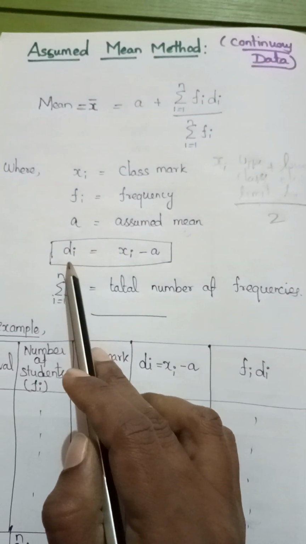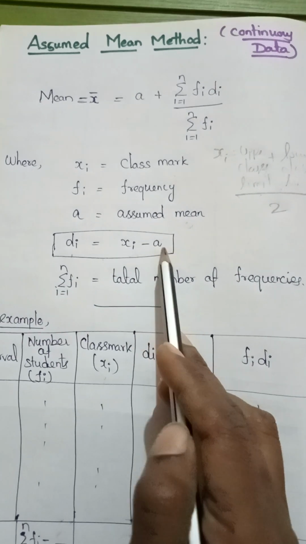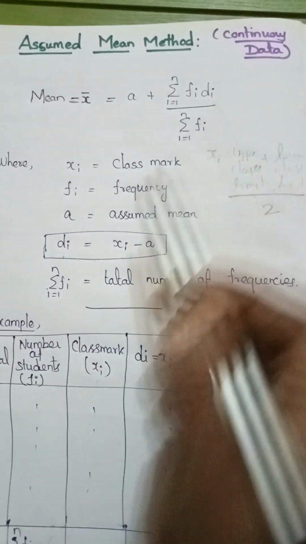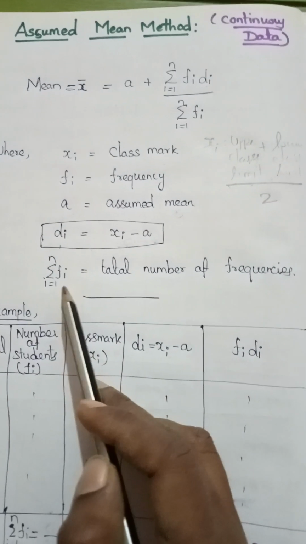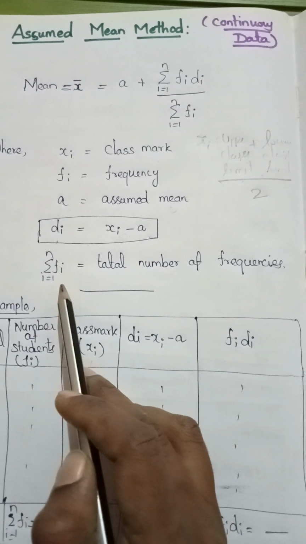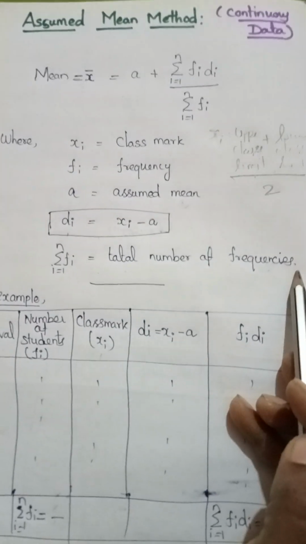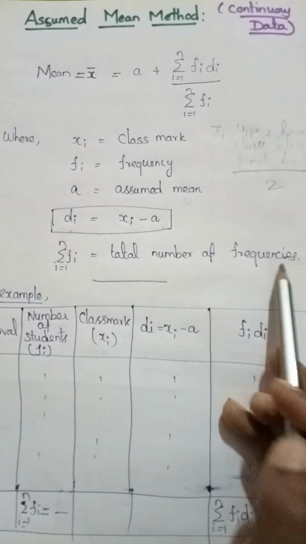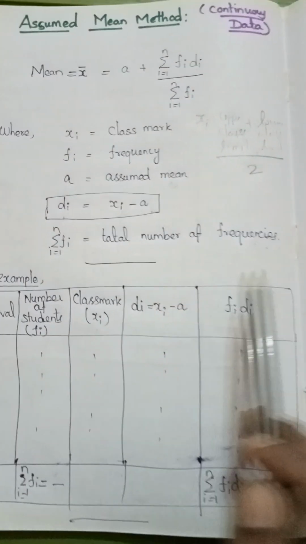Next one, di equal to xi minus a. This di is equal to xi class mark minus assumed mean for all values. Next one, summation i equal to 1 to n fi equal to total number of frequencies. So this is the formula explanation.